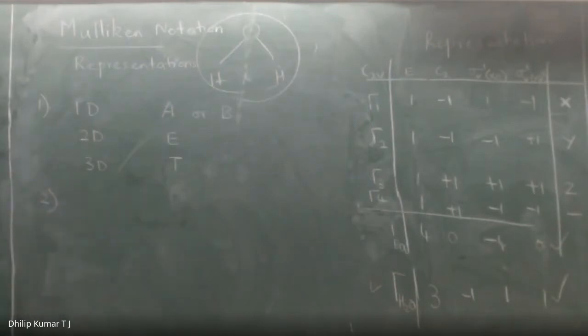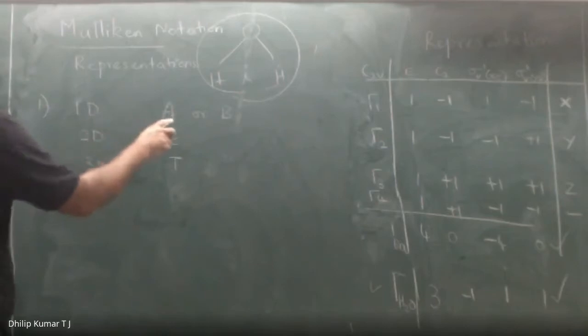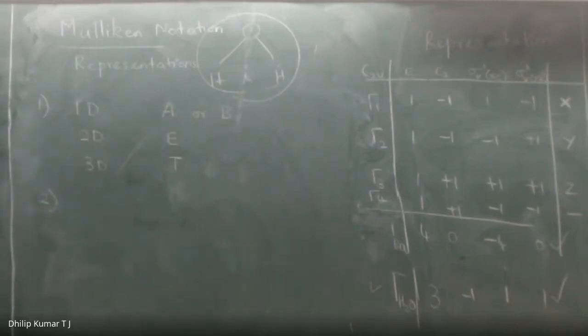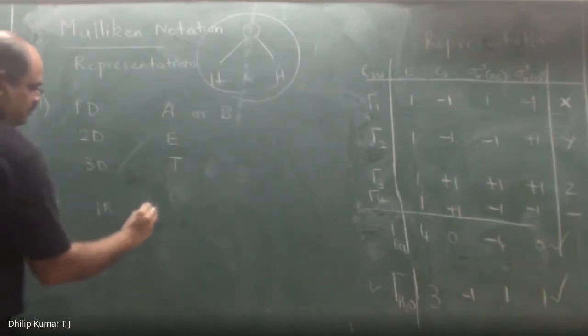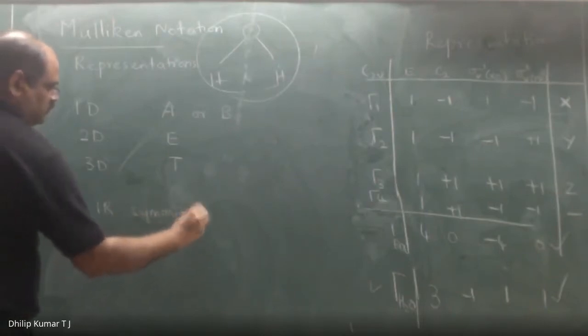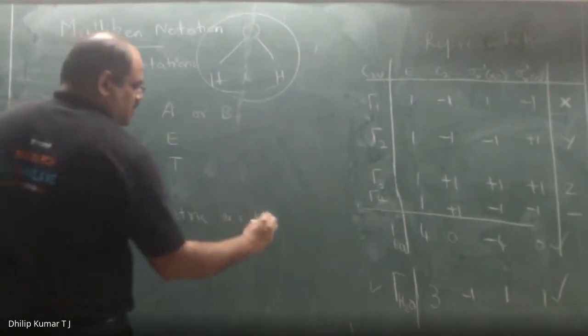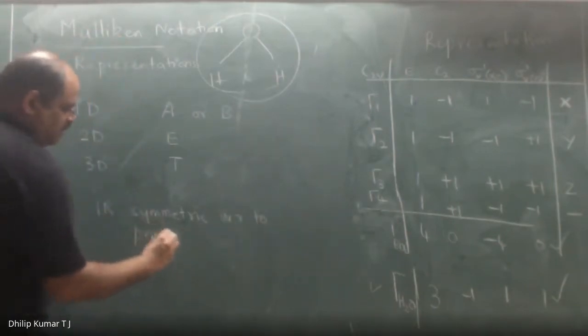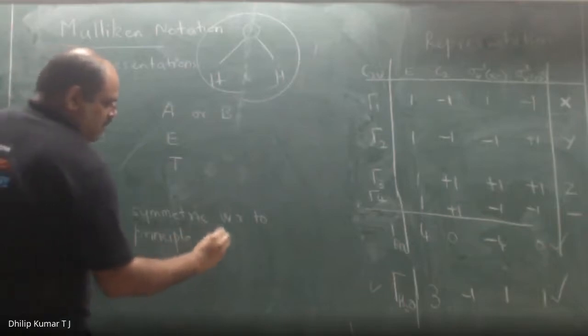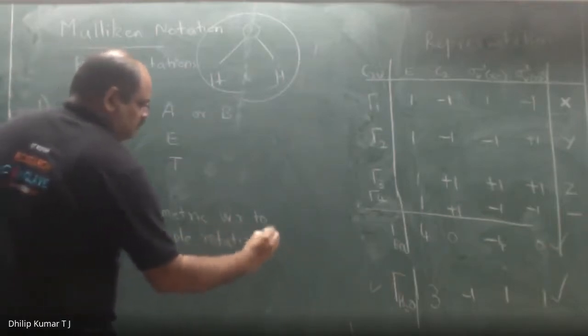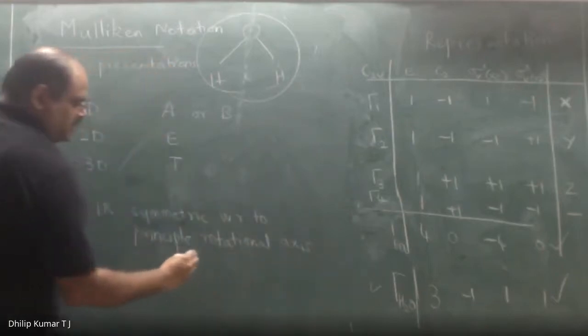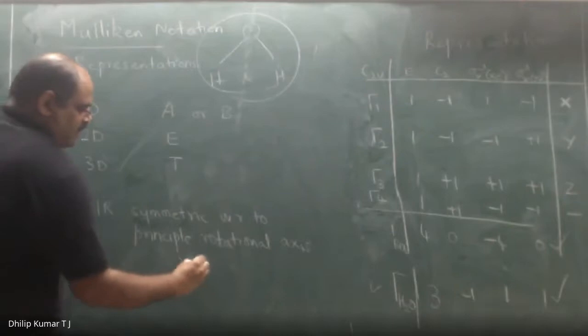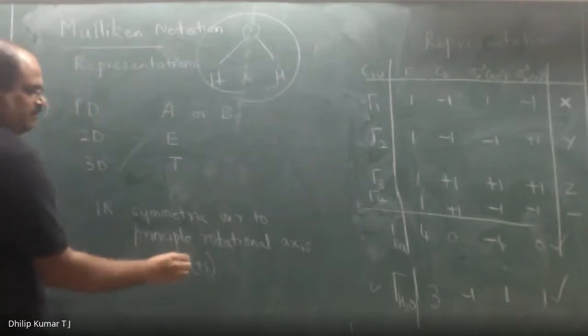Second, considering the 1 dimension: if the IR is symmetric with respect to the principal axis of rotation, then it is given the symbol A. Basically, symmetric means the character of C2 will be +1.